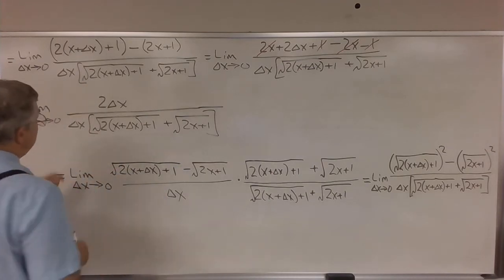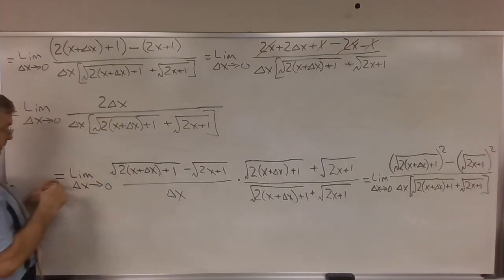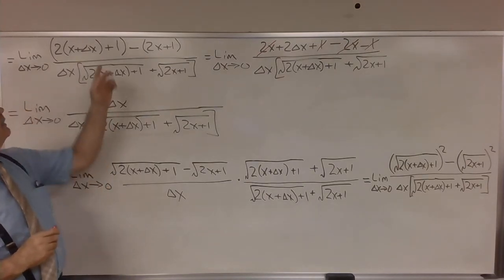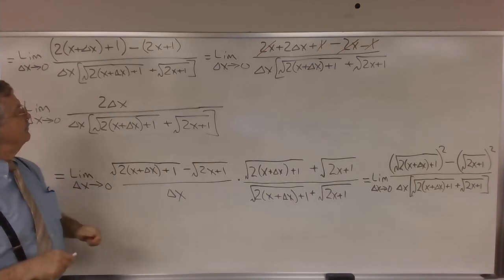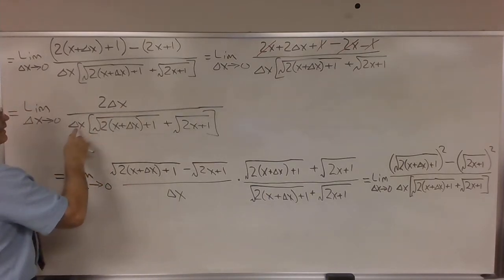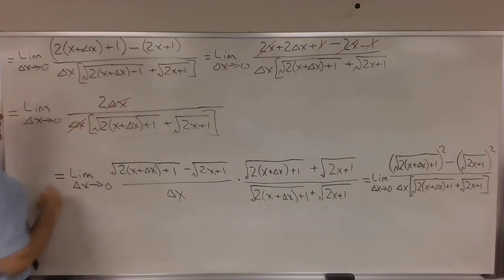And here's that factor of delta x in the numerator that wasn't revealed because of the radicals that were present. So we have a factor of delta x in the numerator, a factor of delta x in the denominator, and we cancel those out.